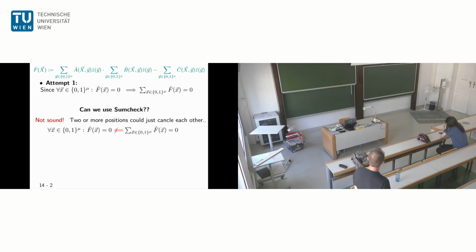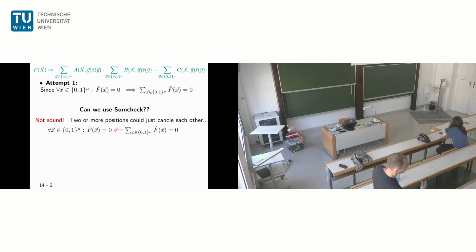Well, not so fast. The other direction doesn't hold, right? So if you make Sumcheck on this thing, even if you convince me that this claim is true, I cannot infer that this claim is true. But that's what I want. I want to be convinced that this claim is true, because if you convince me that the left-hand side is true, then I also know that R1CS is satisfied, and R1CS expresses our circuit.